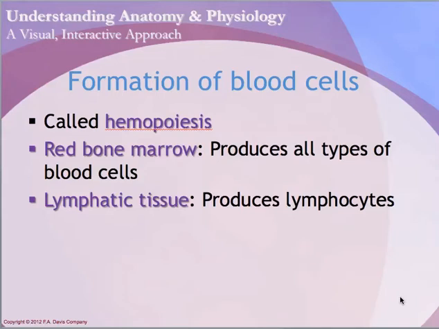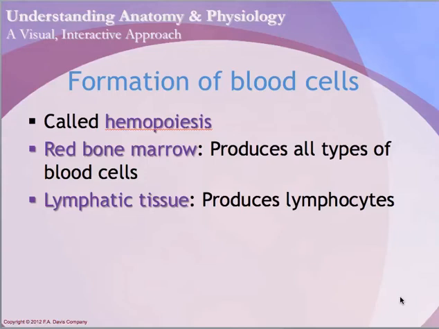So the differentiation here is that the red bone marrow produces all types of blood cells, and the lymphatic tissue just produces lymphocytes. An adult normally produces 400 million platelets, 200 billion RBCs, and 20 billion WBCs every day. So this is happening all the time.